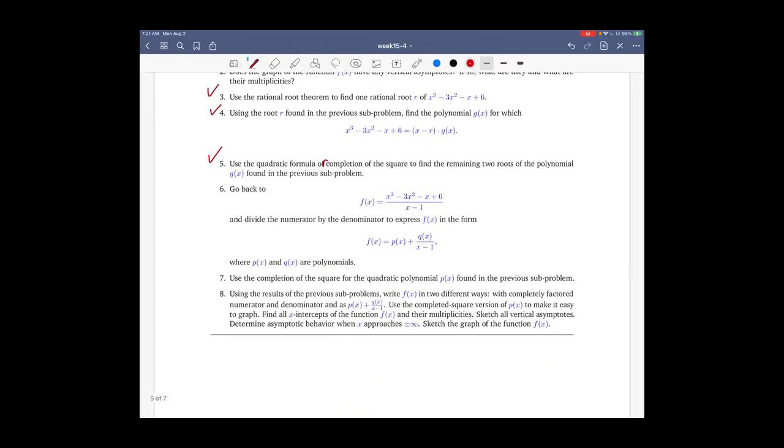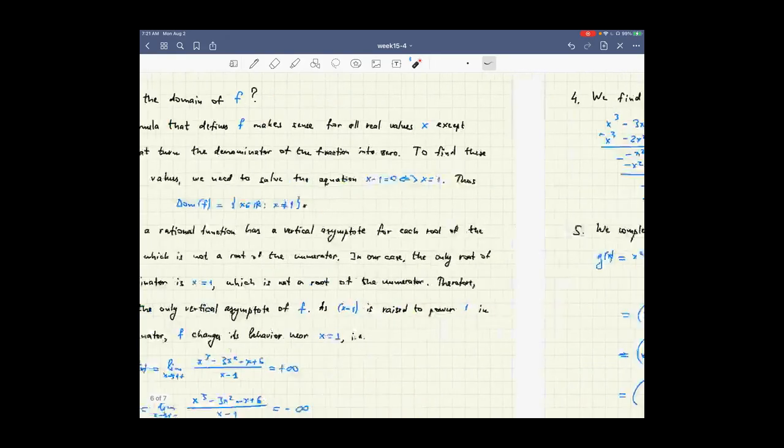In part 6, we need to go back to our original form of f and divide the numerator by the denominator to express f in the form p plus q over x minus 1. So what we really need to do is divide one by the other with remainder.